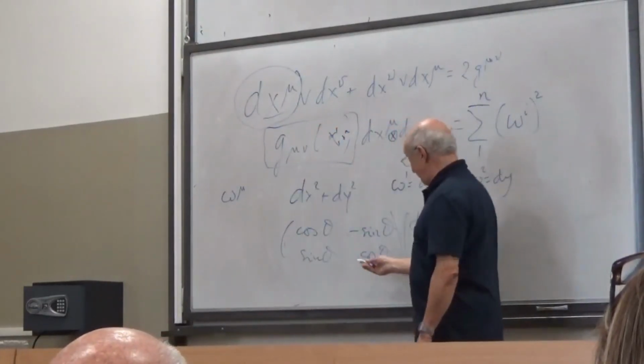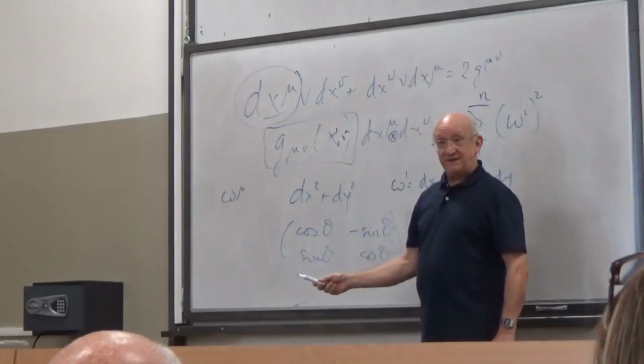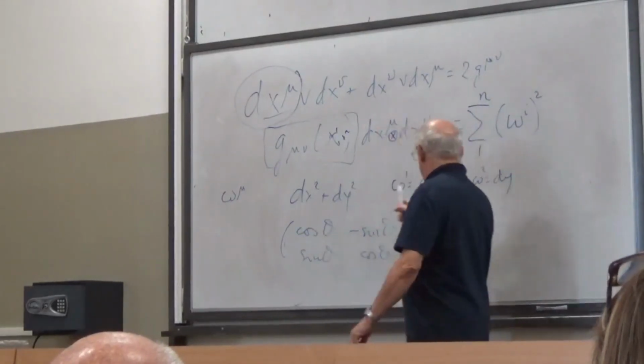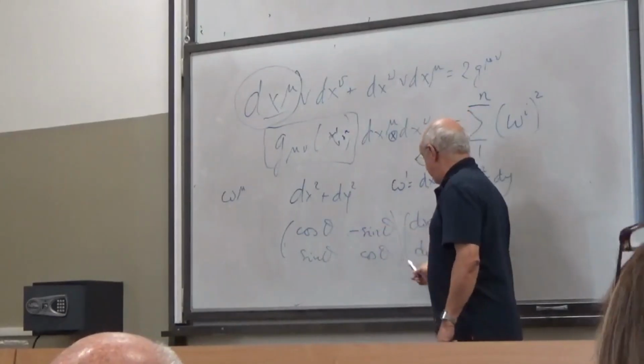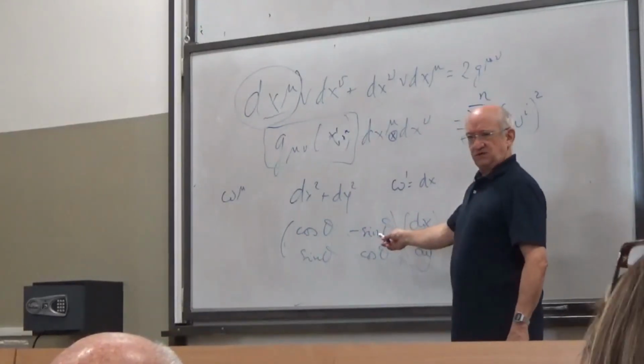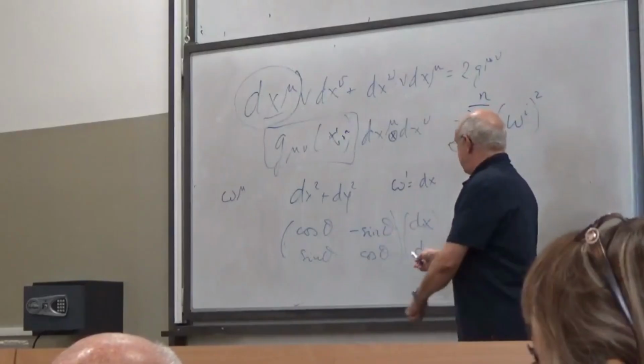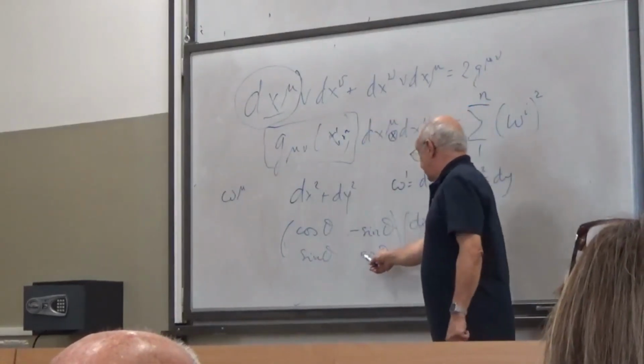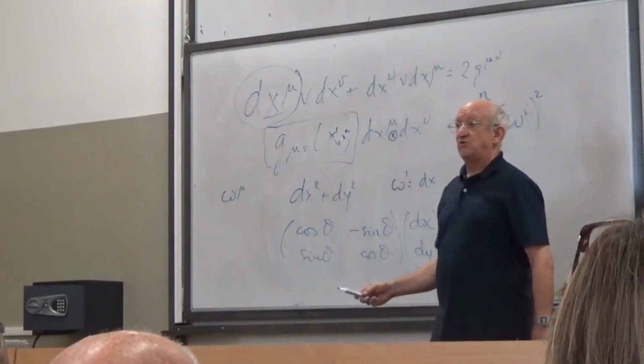So omega 1 in general will be as general as cosine theta dx minus sin theta dy, and sin theta dx plus cosine theta dy as omega 2.